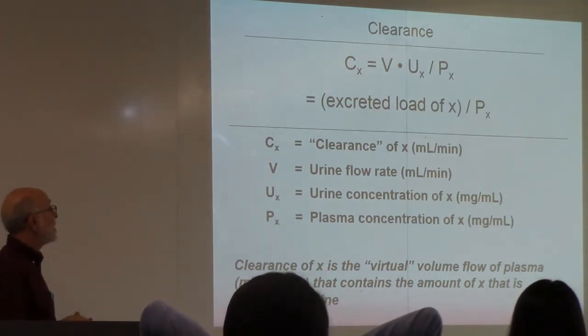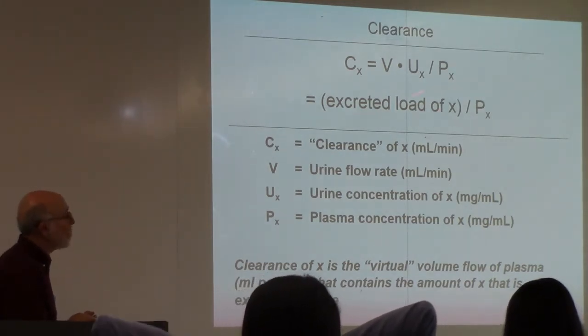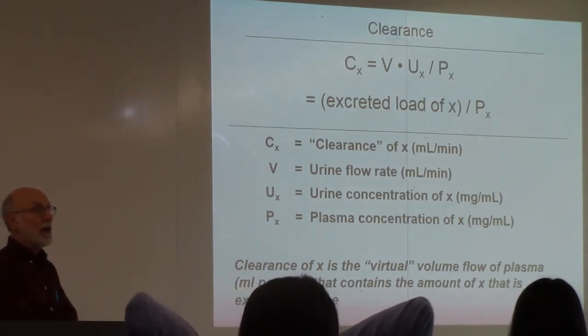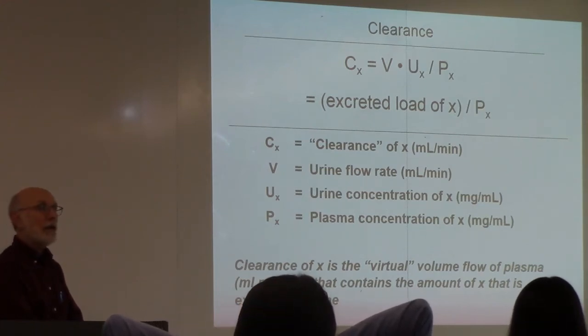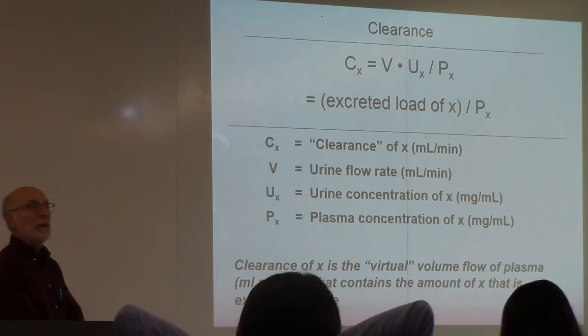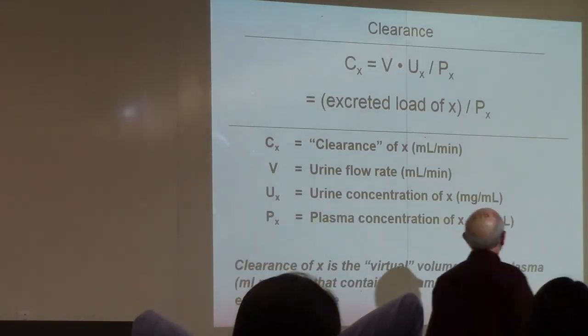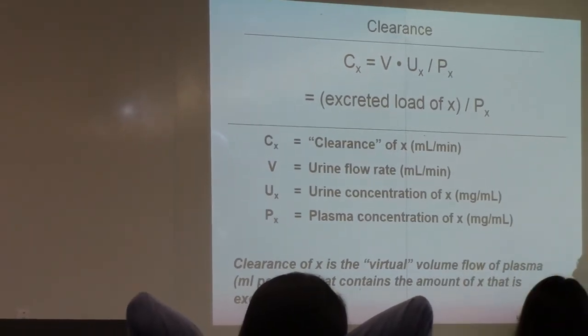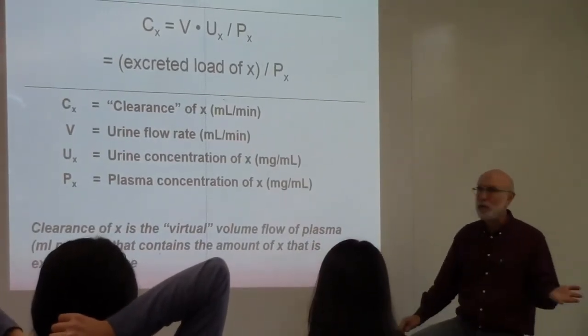So that's the equation. And if you look at this, you say, okay, well, there's the excreted load. So if you know the excreted load, you just put the excreted load in the numerator and divide by the plasma concentration. And that gives you the clearance of the substance. Now, what's weird, what confuses people, is that we're talking about the clearance of something. Clearance of X, clearance of glucose.